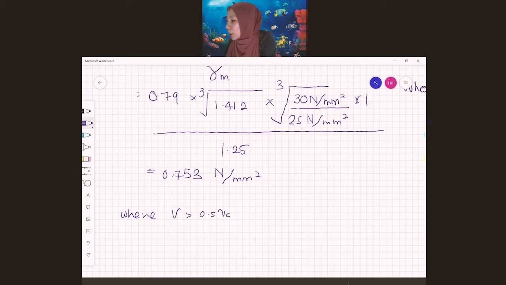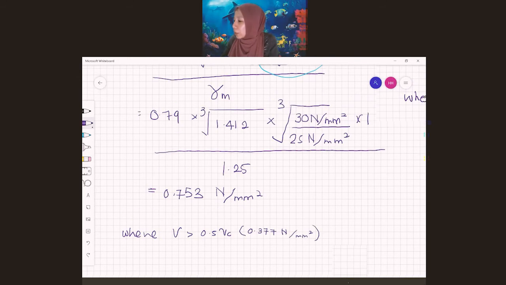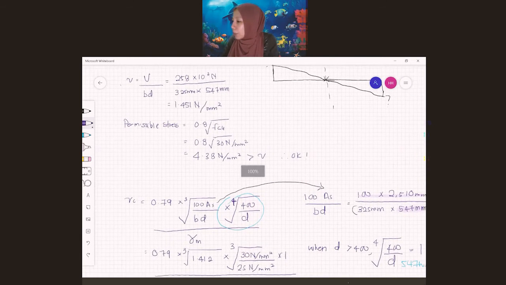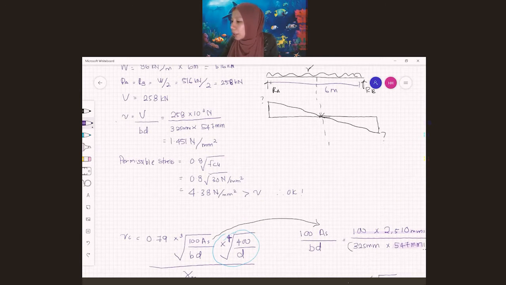Macam mana kita tahu? Kita kira lah 0.5 darab dengan VC 0.753 darab 0.5. So kita dapat 0.377 Newton over mm square. Bila kita dapat macam ni, so kita tengok balik value V kita. Berapa value V? Our V here that we get in our previous class, it is actually 1.451.